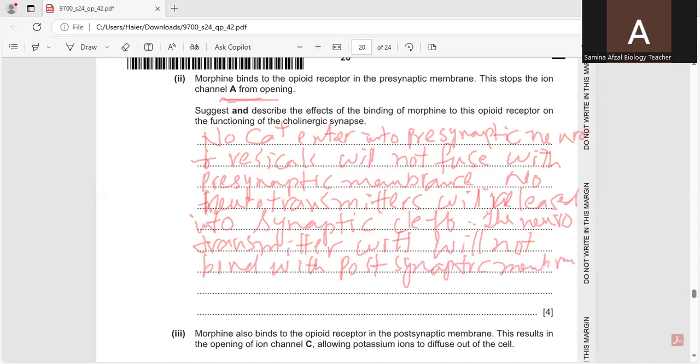So channel B will not open for the ion exchange. No action potential will occur.